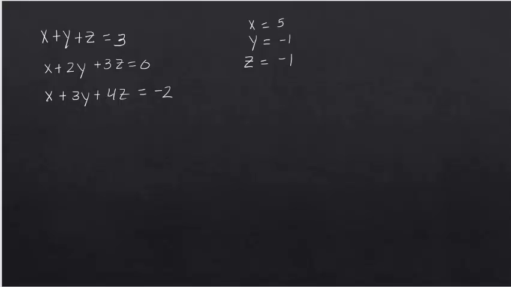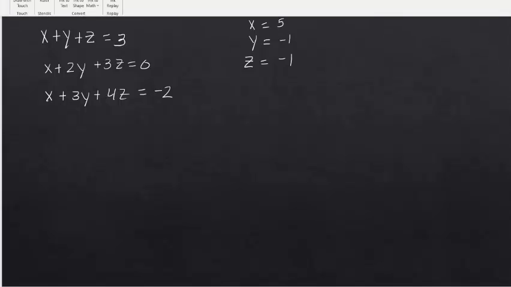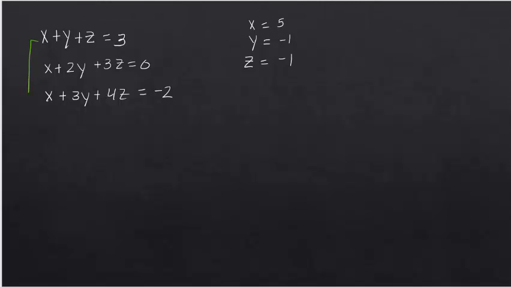So for the first one here, x plus y plus z equals 3. Well, 5 plus -1 plus -1 equals 3. Let's see if that works. 5 plus -2 equals 3. 3 equals 3. That worked. So that one works.